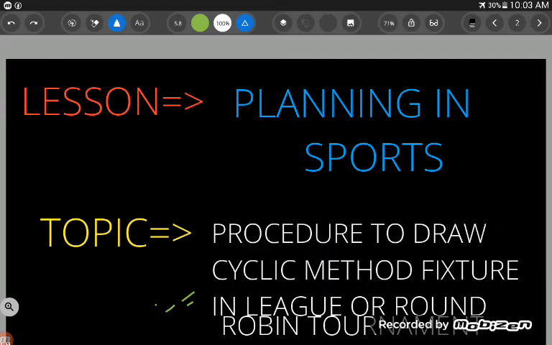League or round robin tournament is a type of tournament where all the participating teams play with every other participating team once if it is a single league tournament. In a double league tournament, each team plays with every other participating team twice. Okay?